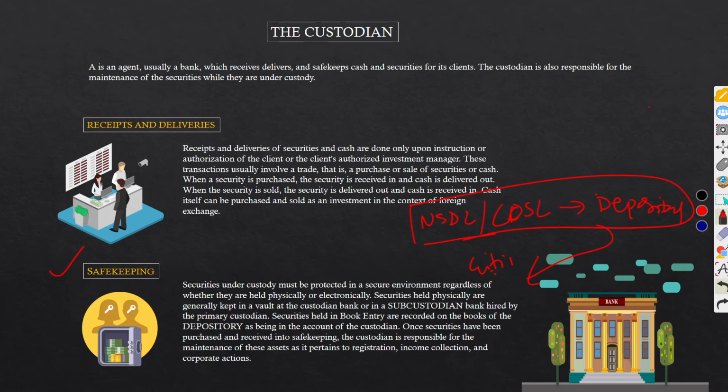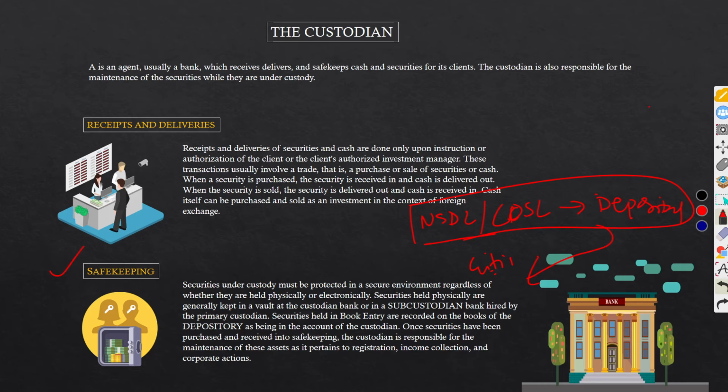So here, basically, the custodian holds those rights or claims, as the custodian is holding the securities under their custody. When they register as a custodian, they apply with the depositories and take membership from them by depositing a certain security amount.